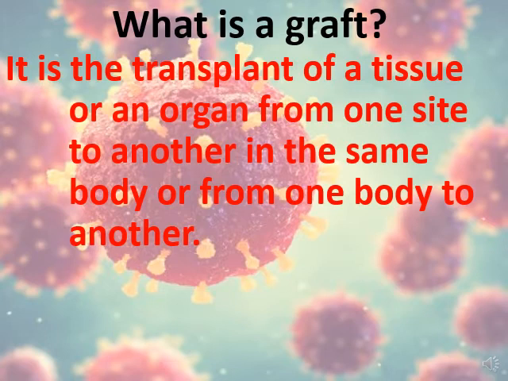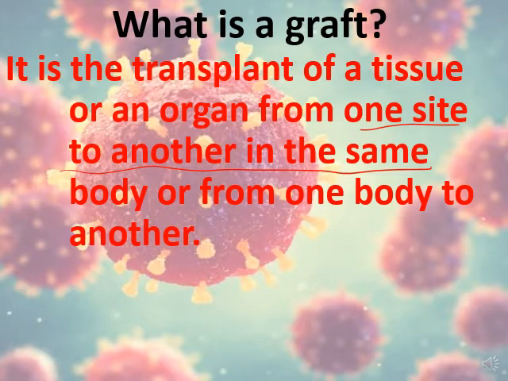So this is from one side to another in the same body. Or, for example, we can transplant an organ from one body to another. I can donate a kidney for my sister, or I can donate a liver, or let's say a lung to my brother. So this is from one body to another.